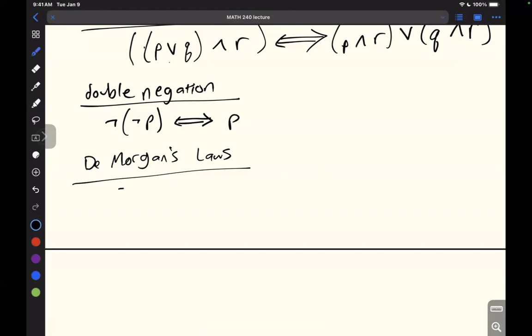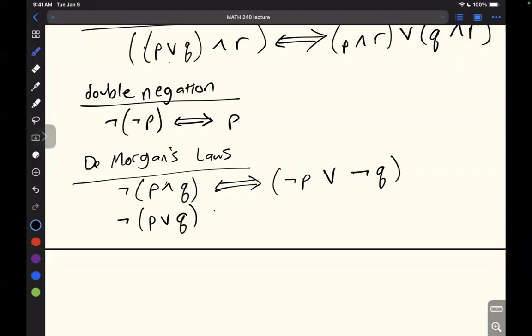And so that is if we negate P and Q, that's equivalent to negating P, and then we flip this operator and then negate Q. Or if we have P or Q, that's equivalent to not P, and then we flip that operator, and then we negate Q as well.